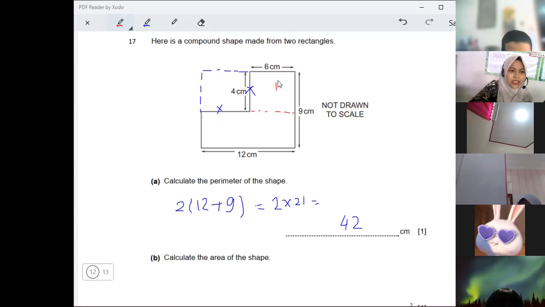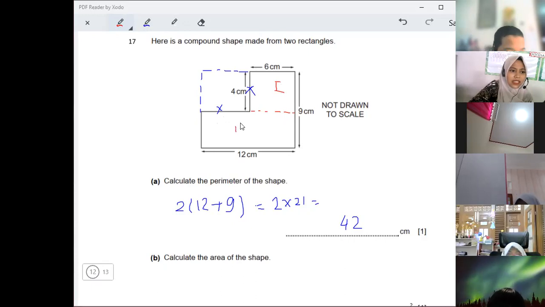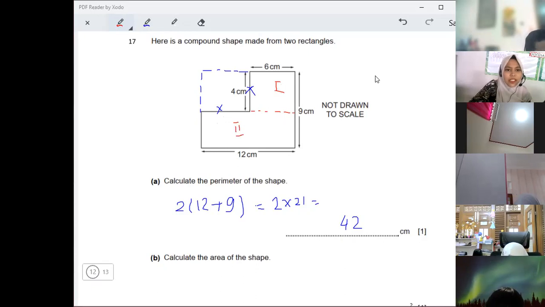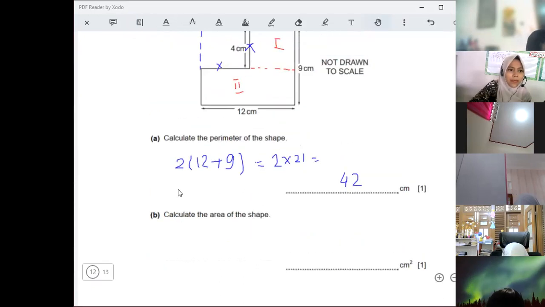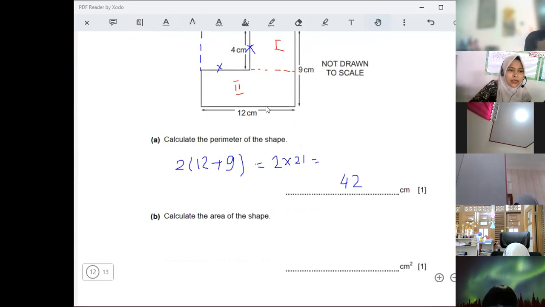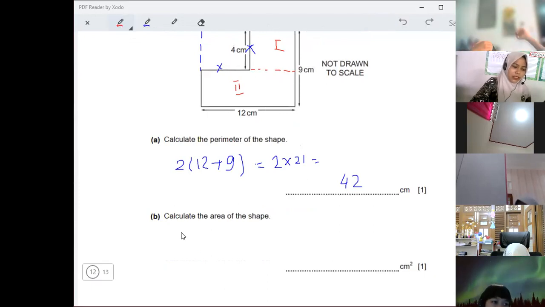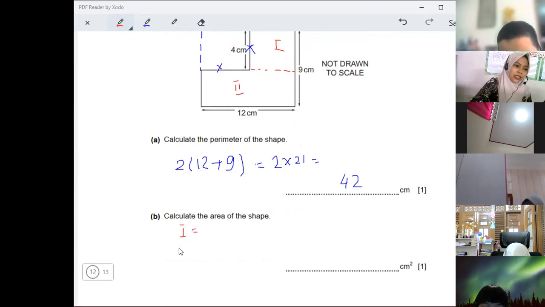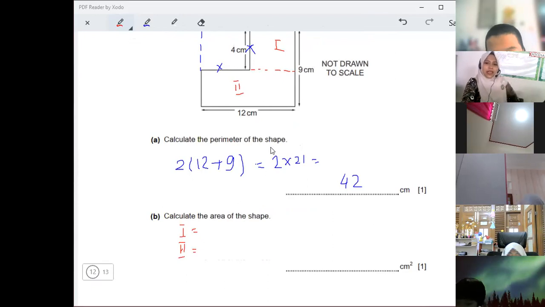This is the first and this is the second. For the shape 1, what is the area for the shape 1, class?